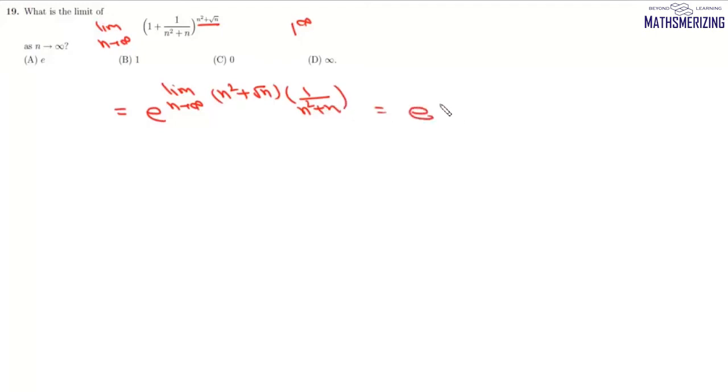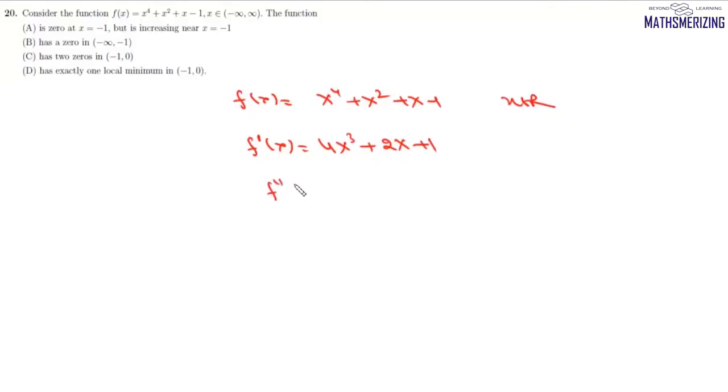So it will be e to the power this limit n tends to infinity (n^2 + root n) upon (n^2 + n). Now since it is an infinite limit, we look at the highest power of n. The coefficient of the highest power of n in the numerator is 1 and in the denominator is also 1. So it will be nothing but e to the power 1, that is e, and that's your option A.